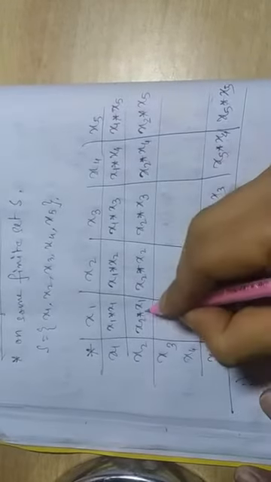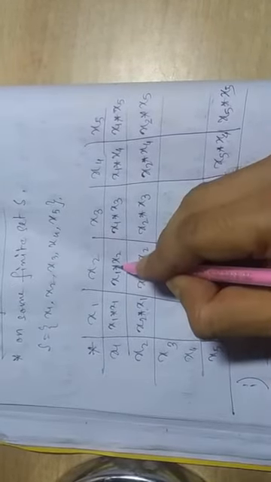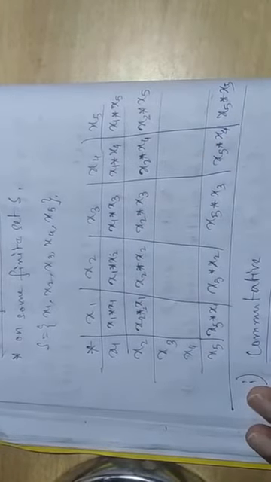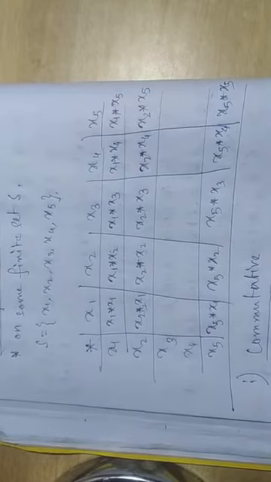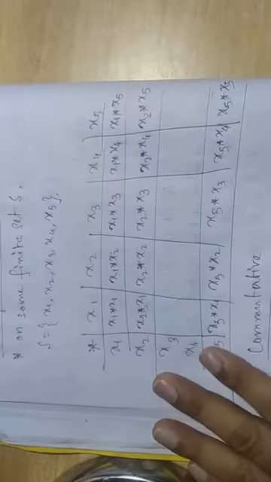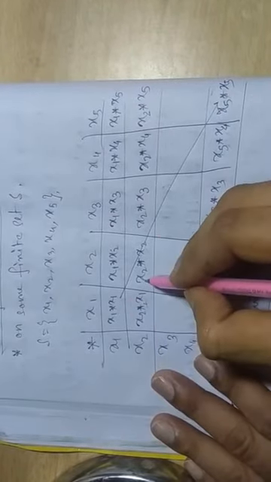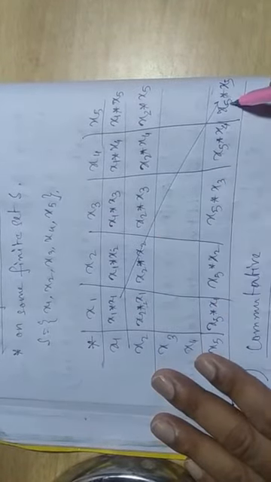If x1 star x2 and x2 star x1 are equal, and similarly for all the elements, if these are equal, then we can say the operation is commutative. Now see, along the diagonal, these are x1 star x1, x2 star x2 and similarly x5 star x5. So this will always be commutative, because if you reverse the order it is the same thing.